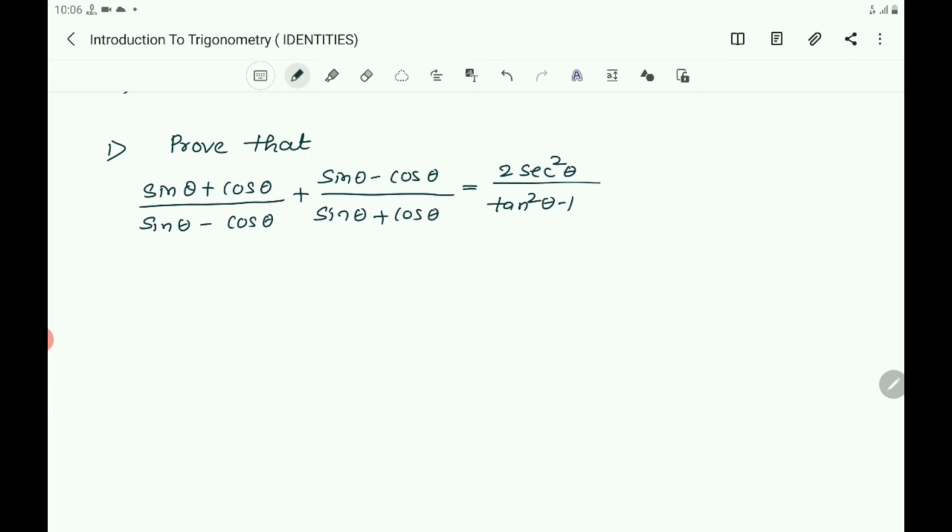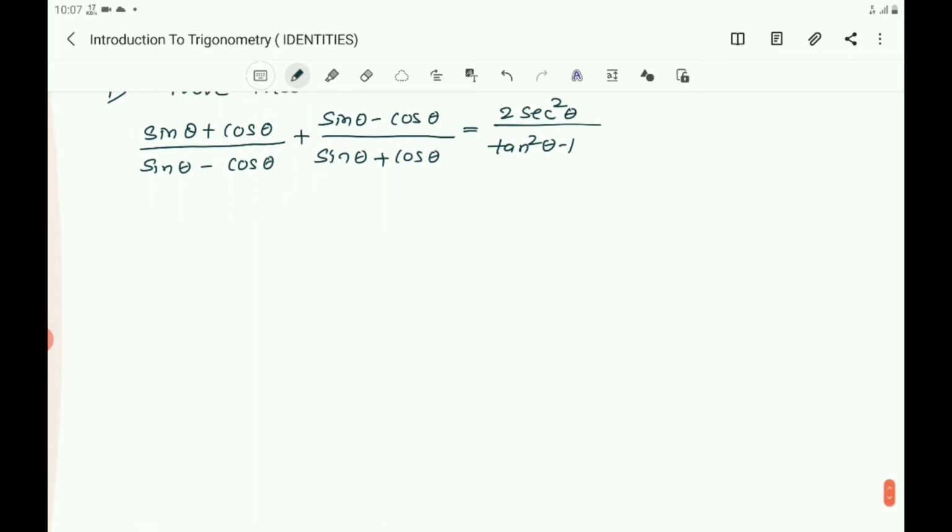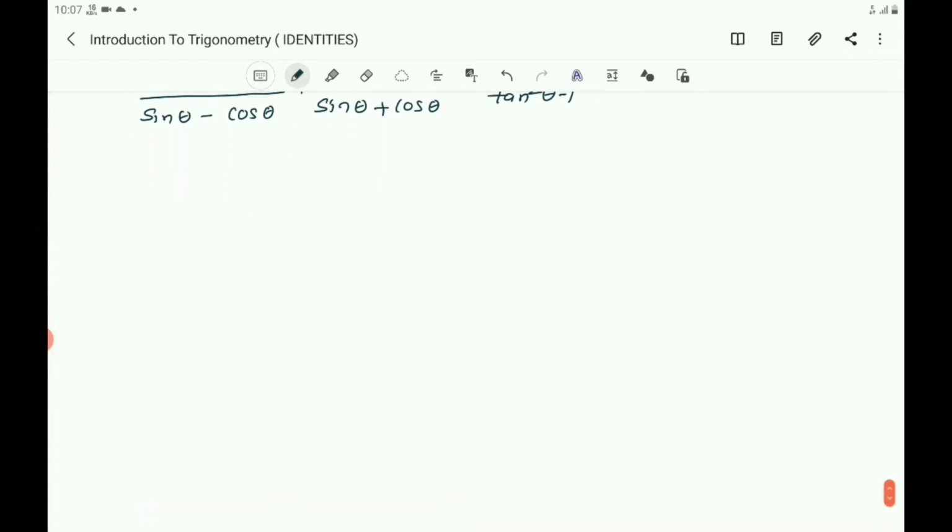Here we have to prove that sin theta plus cos theta by sin theta minus cos theta plus sin theta minus cos theta by sin theta plus cos theta equals 2 secant square theta by tan square theta minus 1. Now you consider the LHS.